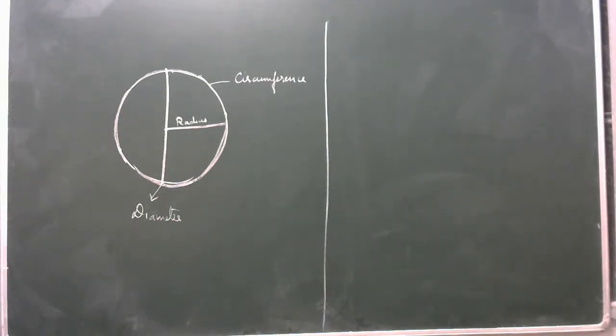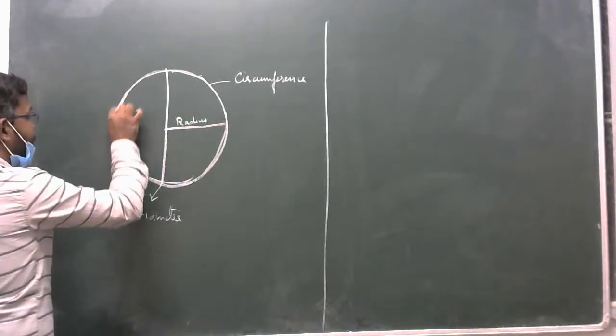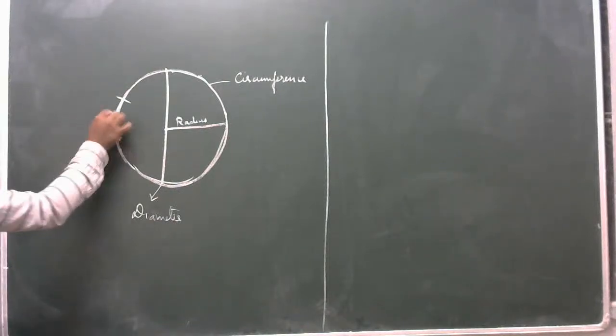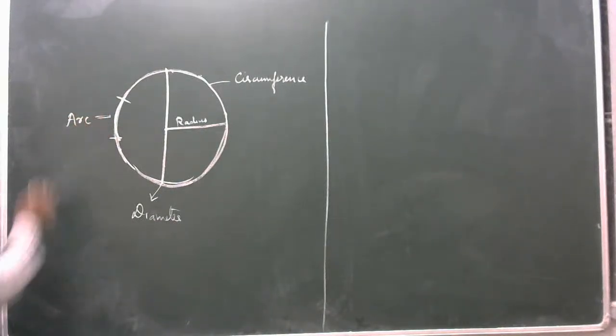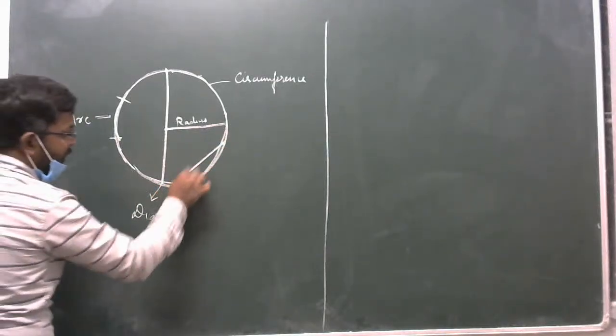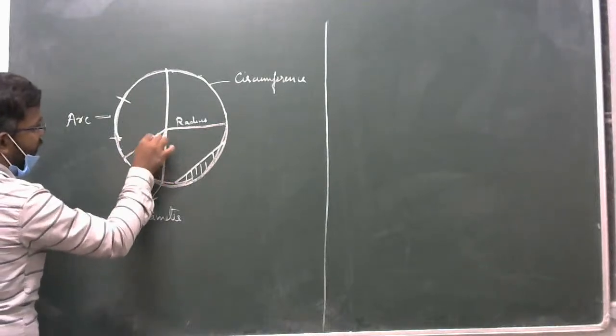So sector. Arc. Okay. Arc means it is the part of a circle. So this is your arc. Next, sector is there. So again we are having two things. This is one shaded area and this is another shaded area.